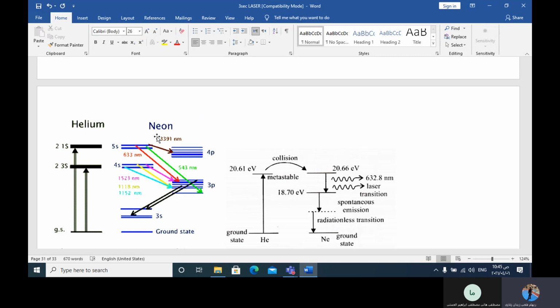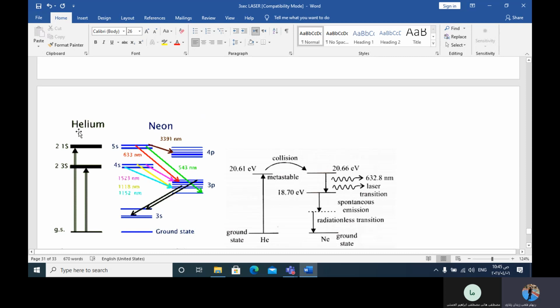That's why the transfer of energy between helium and neon, when helium loses energy to neon, is easier, because they are close in their energy levels.